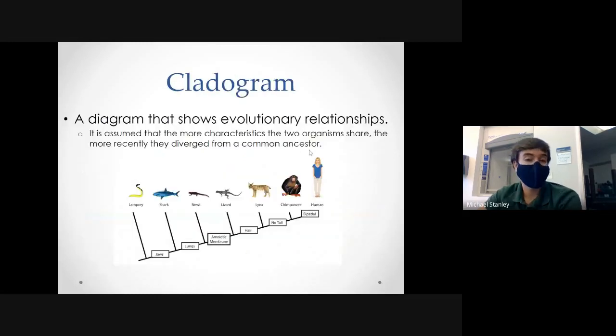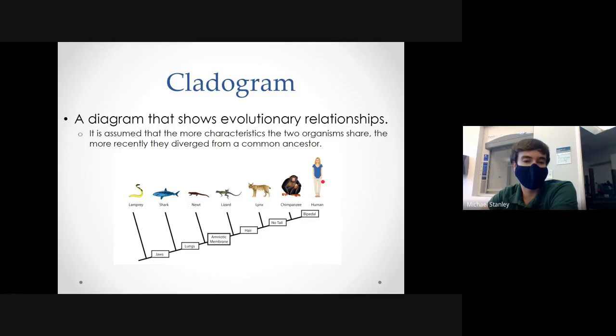A cladogram is a type of diagram that shows these evolutionary relationships between organisms. The closer that organisms are on a cladogram, the more similar they are and the more closely related they are in terms of evolution, meaning that they more recently diverged from a common ancestor.